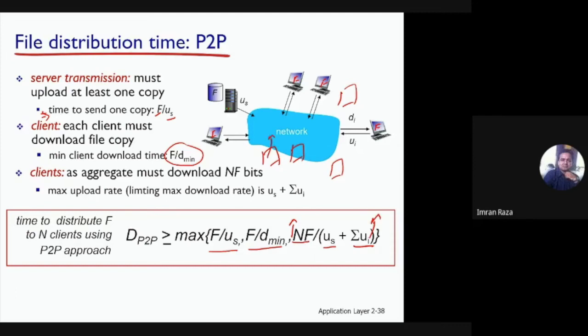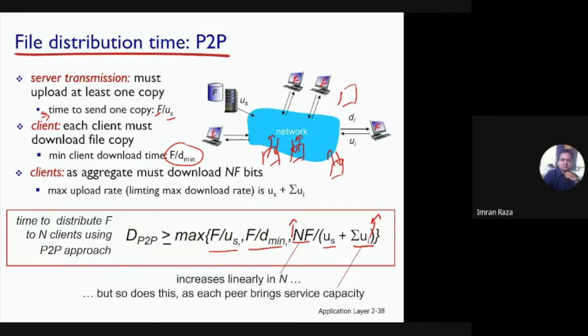Because all these hosts are now also participating in this sending and receiving process. These hosts are not only downloading the files, but also uploading the files to the other clients. So if there is a linear increase in n, there is also a linear increase in the sending capacity of the network.